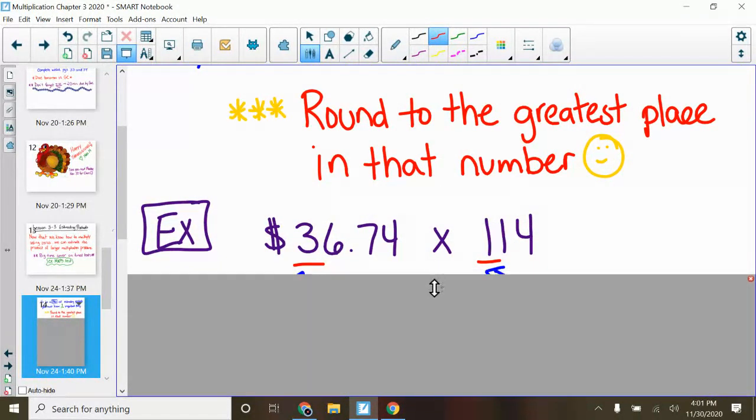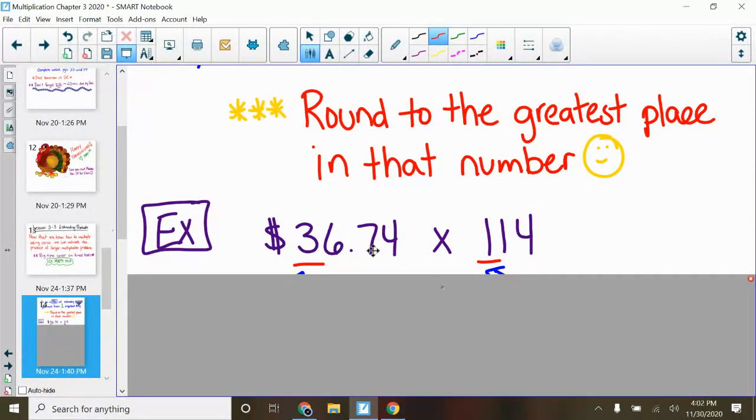So now that we're ready to move on, let's look at an example of what this looks like. Let's say we were given a problem, and our problem is something like $36.74, and we're going to multiply that by the number 114. A situation might be, let's say we were looking to buy a product or an item, and that product costs $36.74.